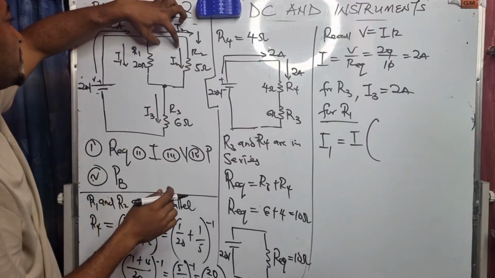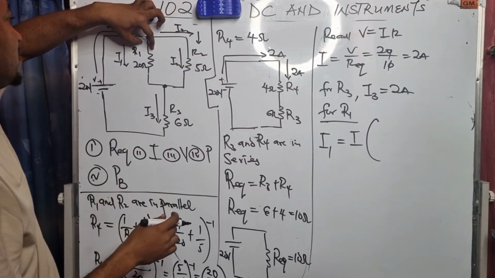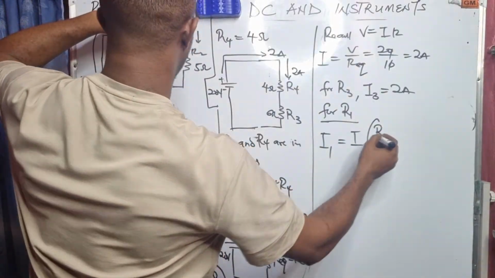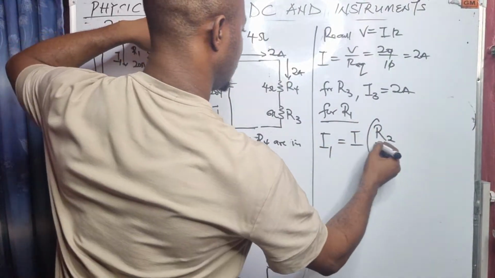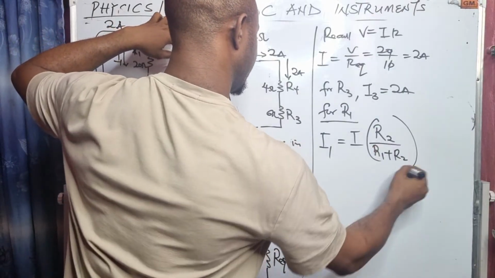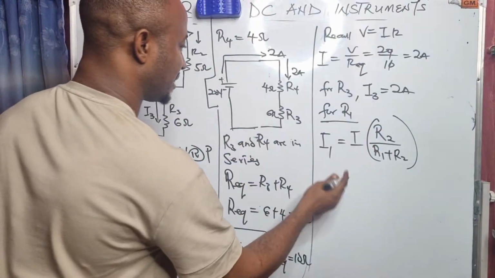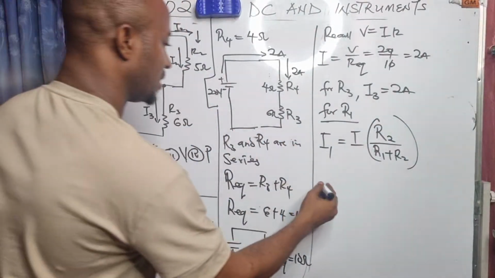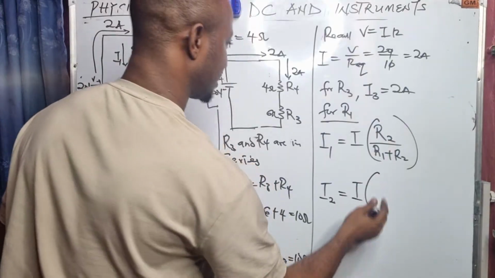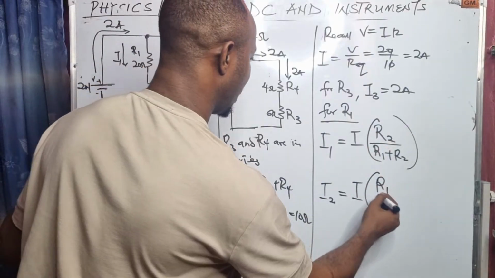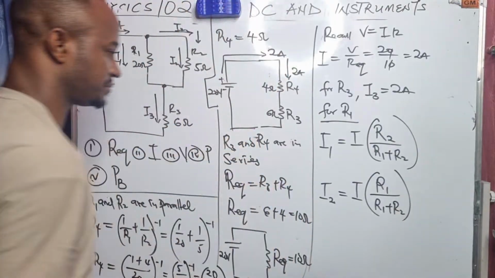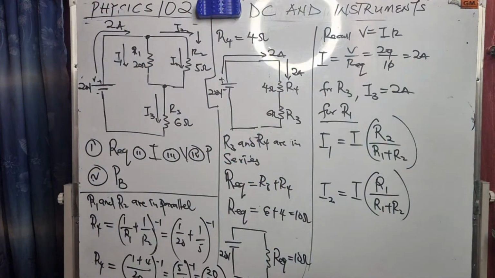So the formula to find I1 will be total current times R2 divided by R1 plus R2. To find the current that passes through R2, I2 equals total current times R1 over R1 plus R2. Please take note of this formula.